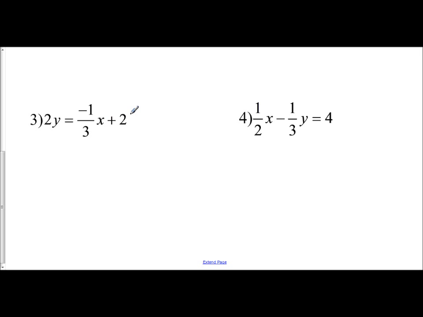That way I get used to the whole idea that if I see a fraction in an equation, I can get rid of it by multiplying the entire equation by the common denominator. And since there's only one denominator here, 3, that is my common denominator. So I'm going to multiply the left and the right side both by 3.